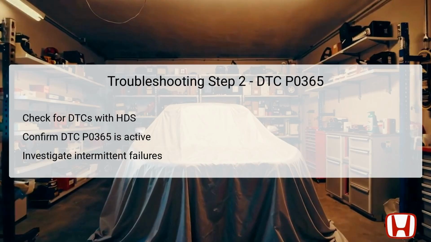If the diagnostic check reveals that DTC P0365 is active, it guides you to the next troubleshooting steps. However, if it is absent, it suggests that the issue may be intermittent, indicating that the system may be currently functional and possibly affected by poor connections or loose terminals at the CMP sensor or the PCM. Identifying the current status of the DTC facilitates a clearer path toward resolution.